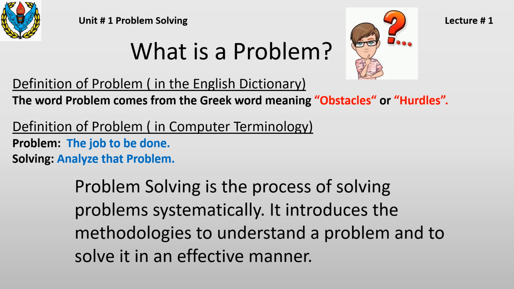It introduces the methodologies to understand a problem and to solve it in an effective manner. Problem solving is a skill. In order to solve a problem, it is important to follow a systematic approach.